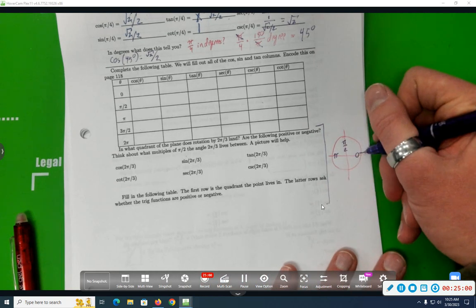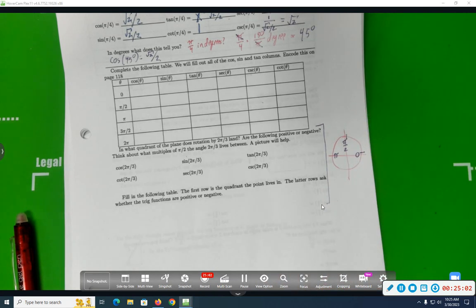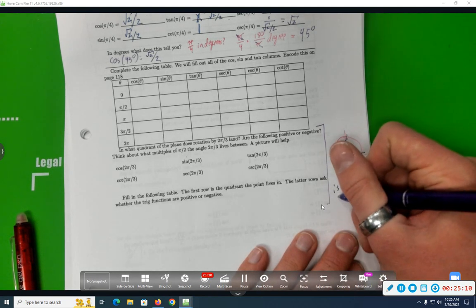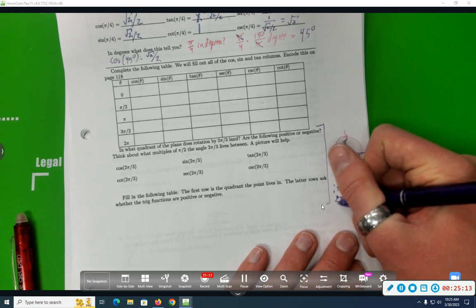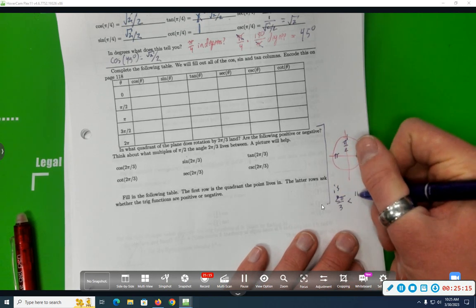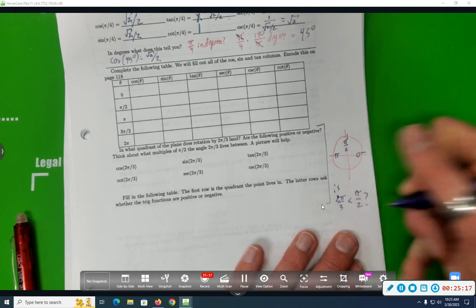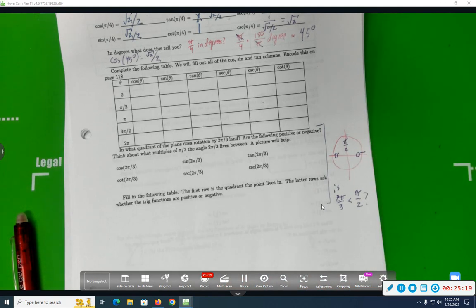And so let's just ask first, is 2 pi over 3 less than pi over 2? Yes or no?